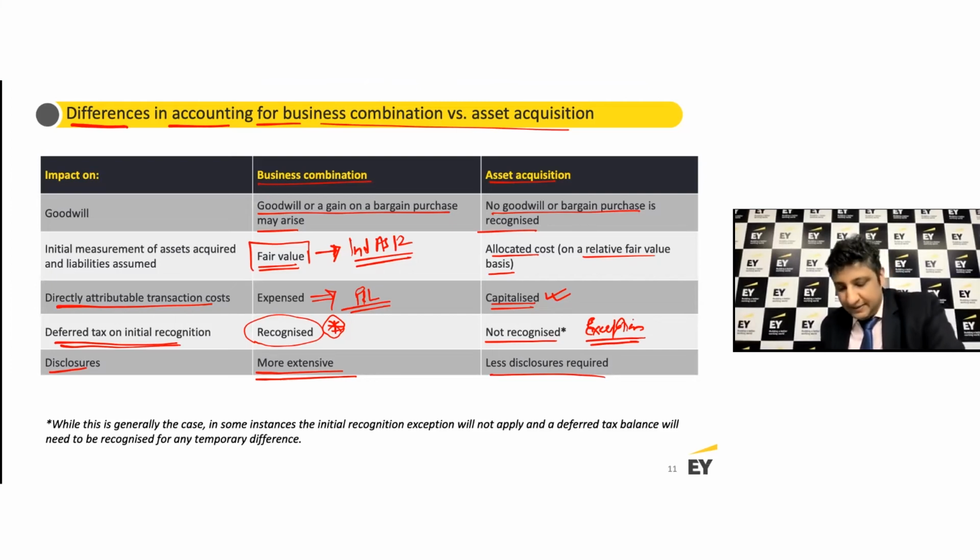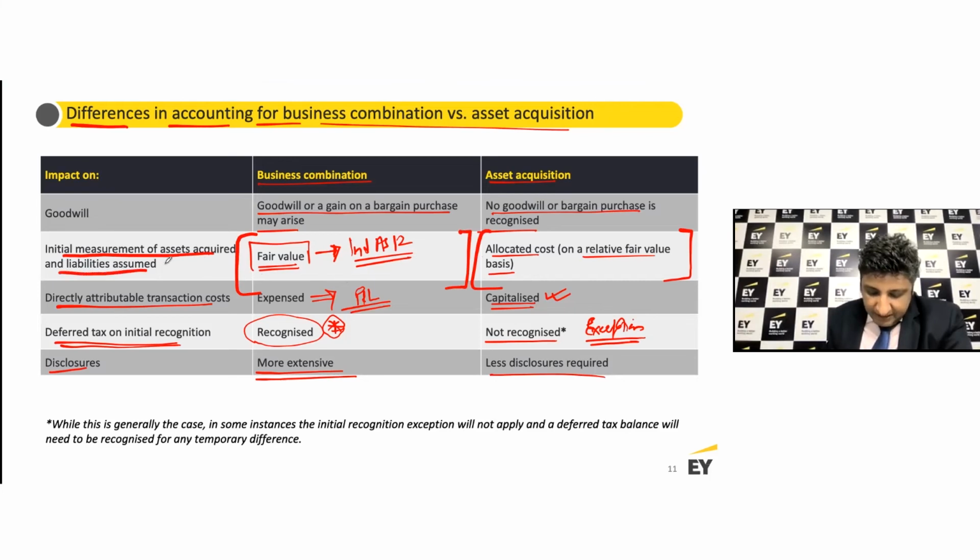All right, I'll briefly talk about this part specifically. I wanted to highlight that the initial measurement of assets acquired and liabilities assumed is done at fair value under a business combination, versus an asset acquisition, where the cost is allocated.